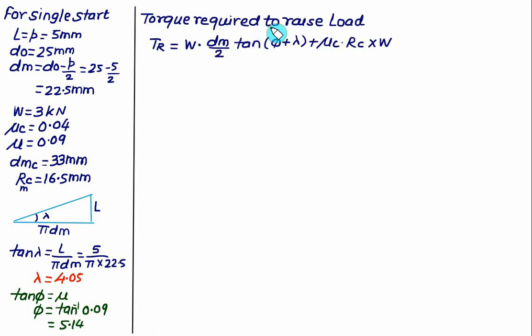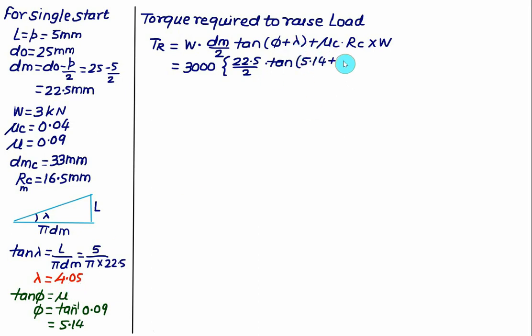The torque required to raise the load is TR equal to W into dm by 2 into tan of phi plus lambda, plus mu c into RC into W. Almost everything is known. W can be taken common here. We have W equal to 3000 into dm by 2. dm by 2 is 22.5 divided by 2 into tan of phi. Value of phi is 5.14 plus lambda.